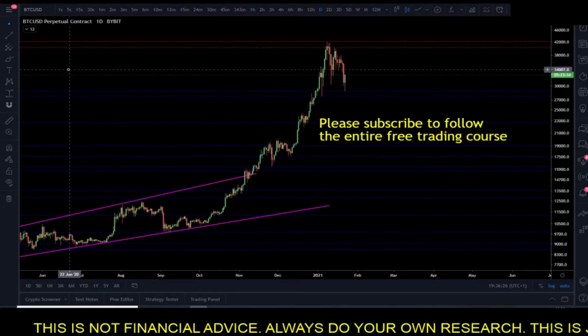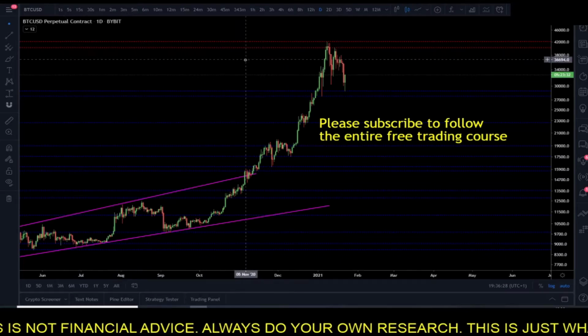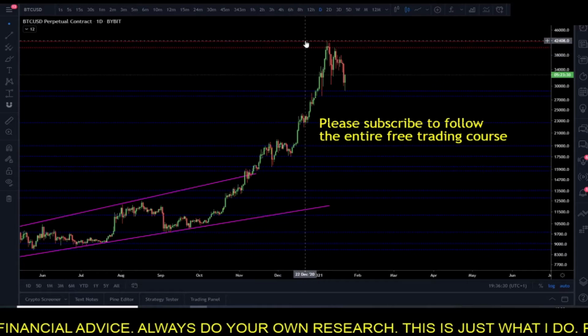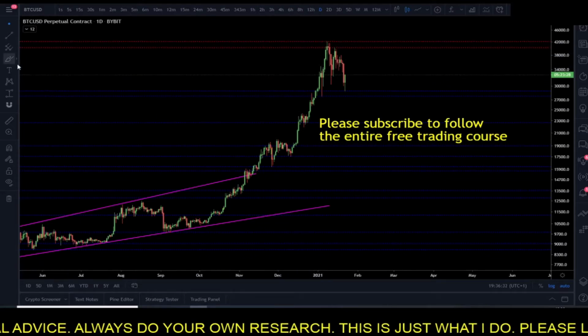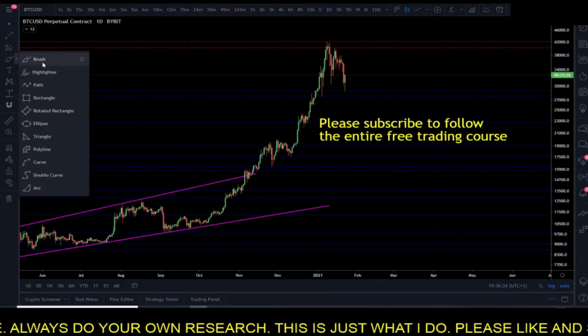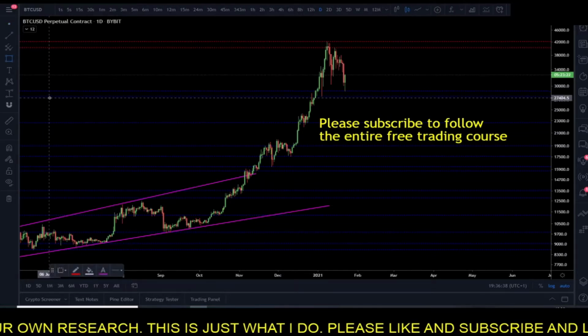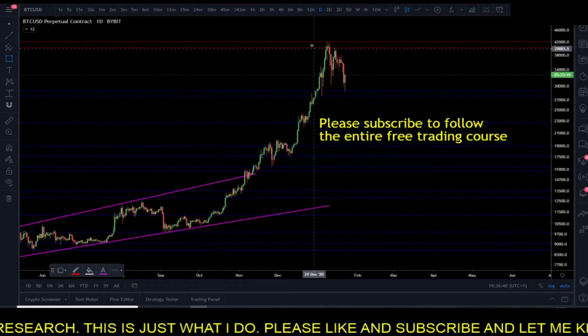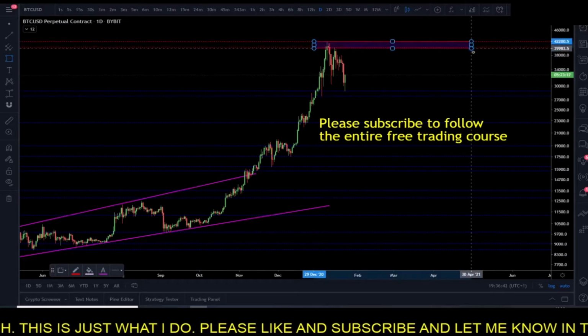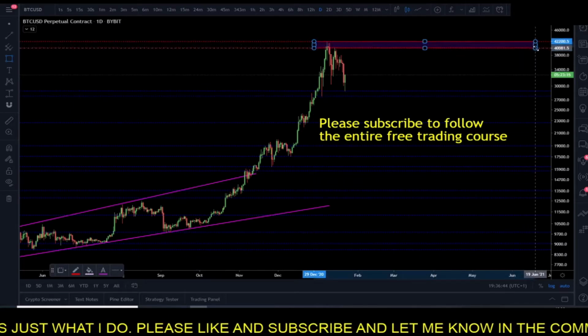So what I'm doing is using this indicator so I can see the lines, and then I go to my drawing box and choose rectangle, and from here I can easily draw over the lines and make my boxes.